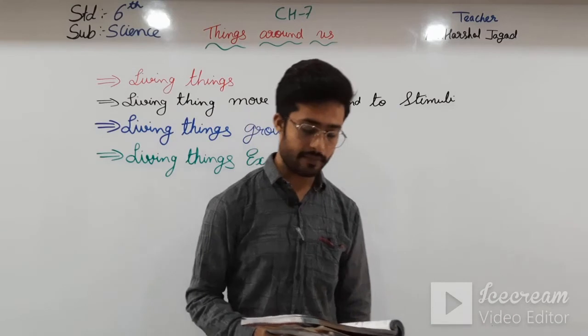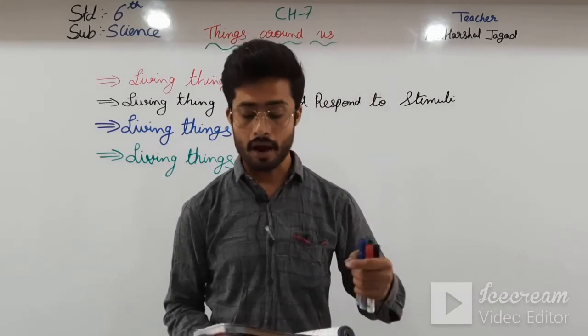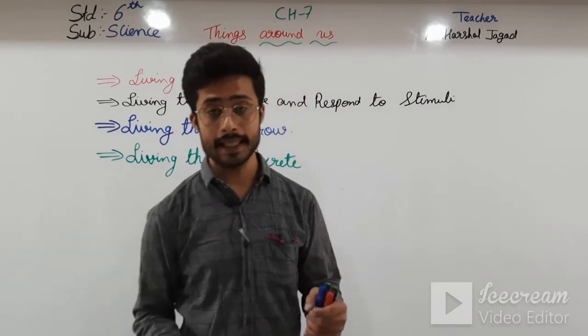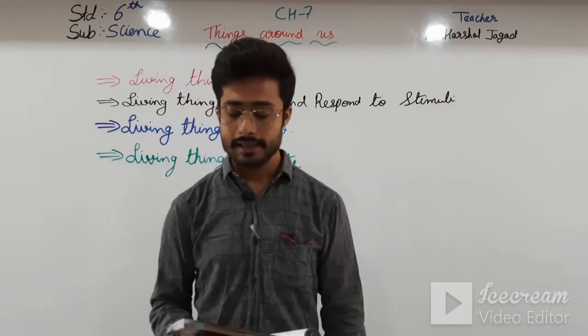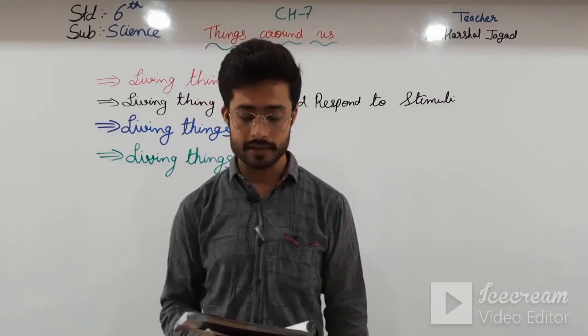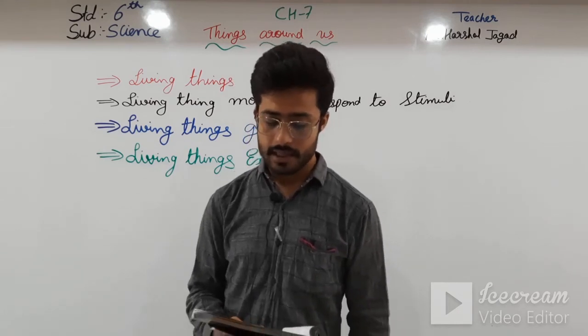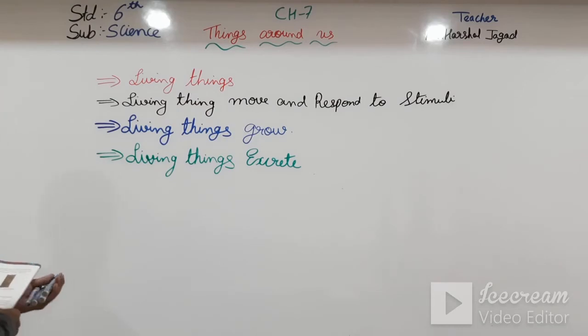Living things need to breathe. Breathing involves taking in and giving out air. Respiration is the process of releasing energy from the breakdown of food in the cells with the help of oxygen. Breathing is a part of respiration. See here, what is respiration, that I am writing over here.